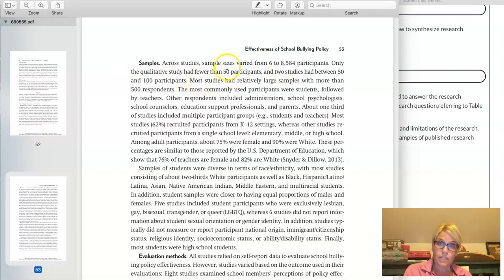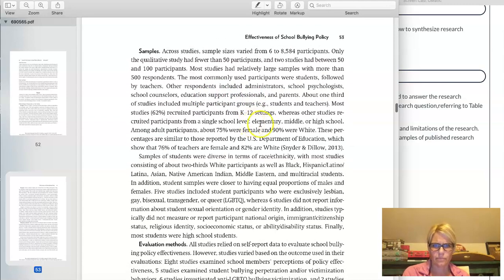Only the qualitative study had fewer than 50, and 2 studies had between 50 and 100. So it seems like you could say they have a good combination of small and some really large ones too. Most commonly used participants were students, followed by school counselors, professionals, parents.